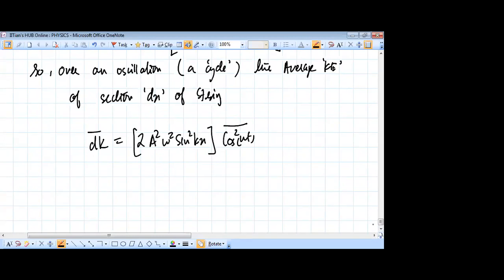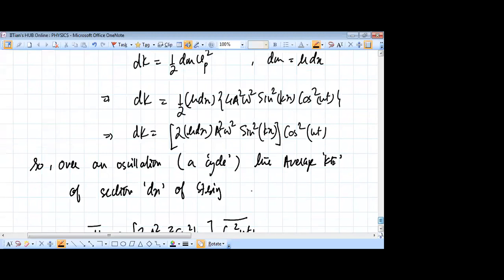Understand this, okay? Not averaging it with respect to x. We are averaging over one cycle or one time period. Okay, so we are time averaging it.